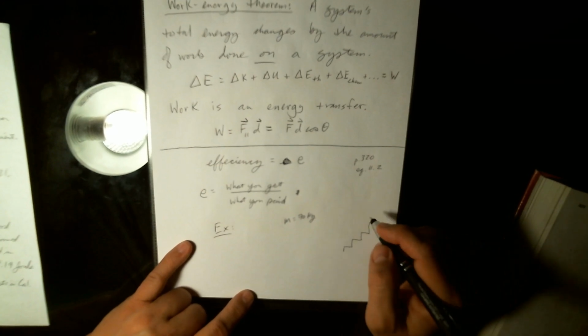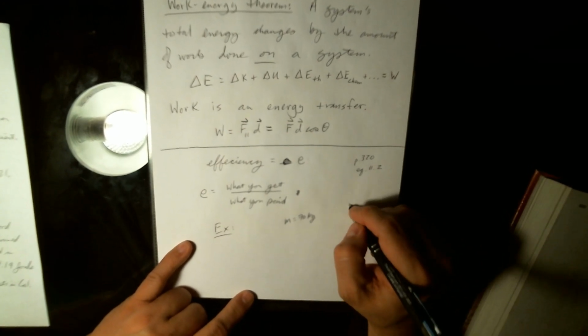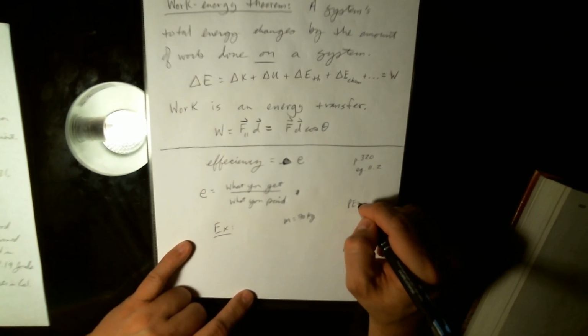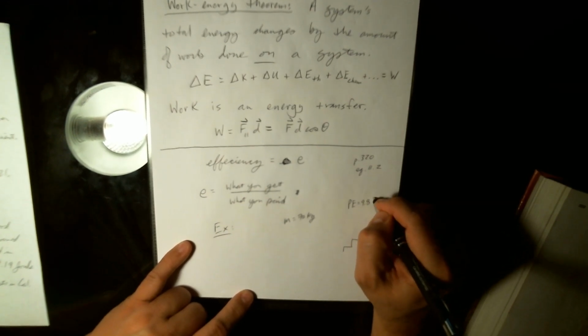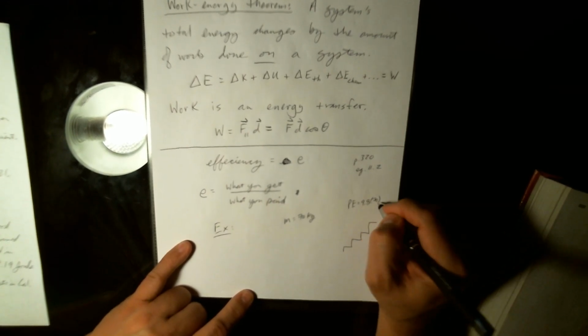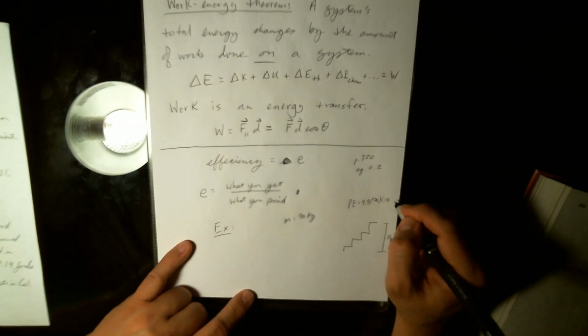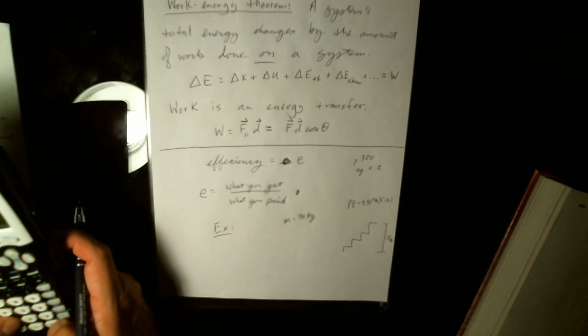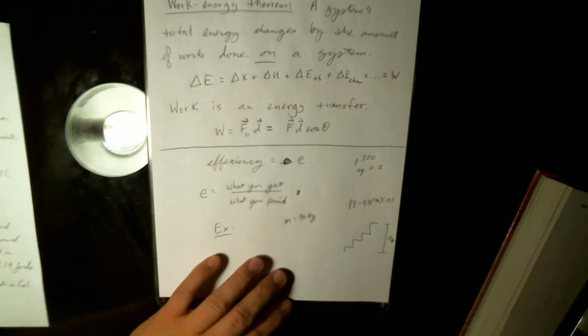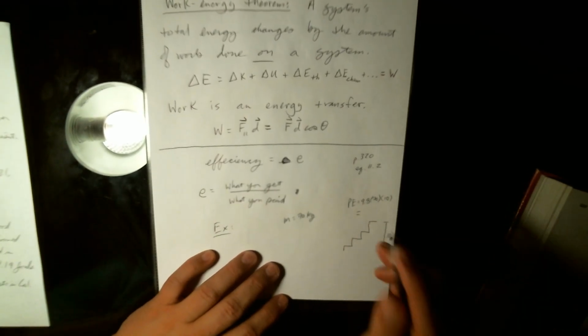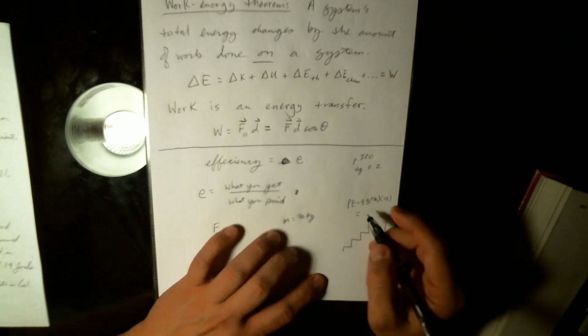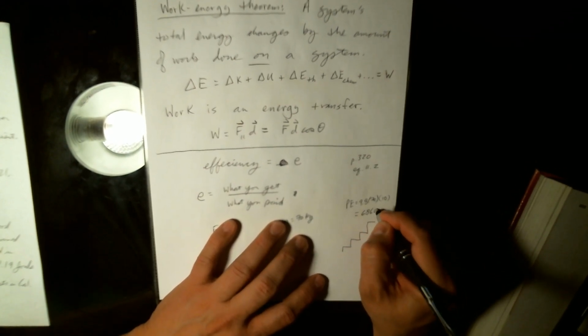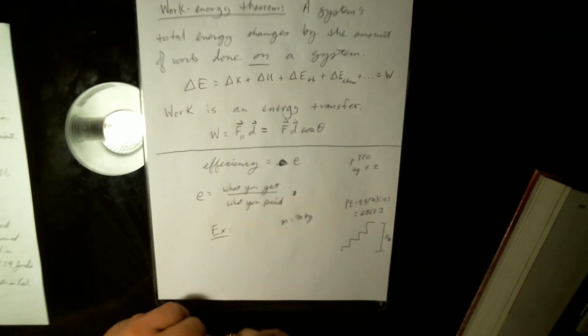So the potential energy that you would get is 9.8 times 70 times 10. So I'll get it exact for you. 9.8 times 70 times 10. You got 60 joules.